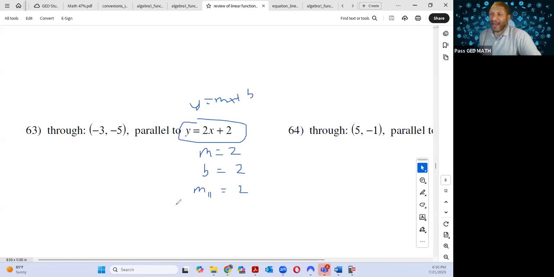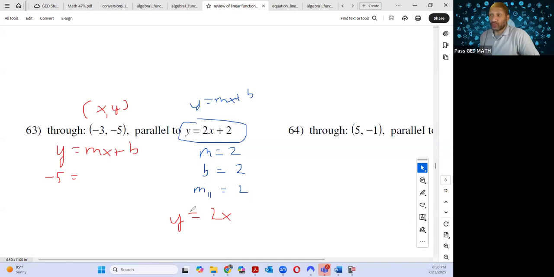So I know my equation is going to look like y equals 2x. Again, I don't know what b is. They gave me a point. That's my x and my y. y equals mx plus b. My y is -5. My m is 2.